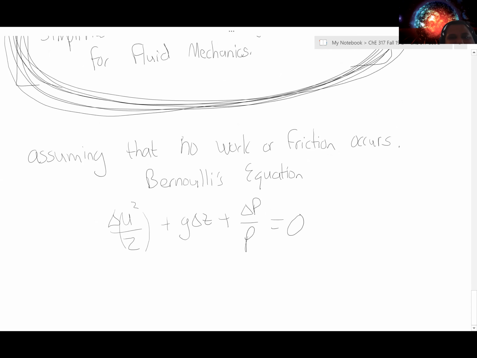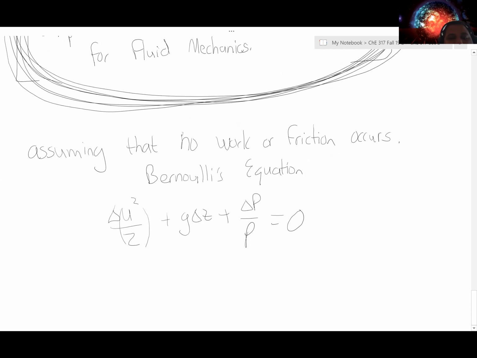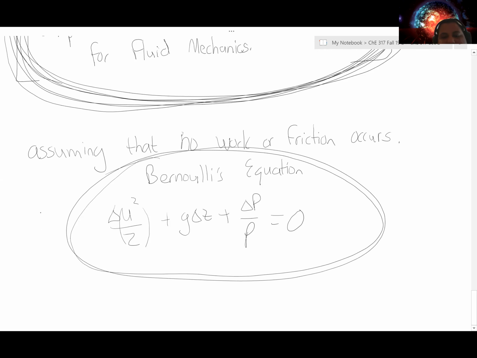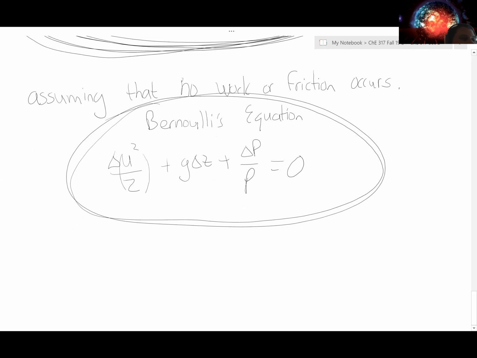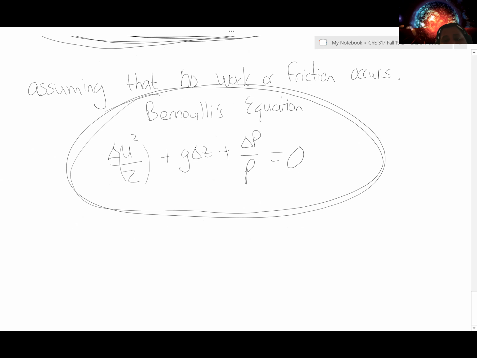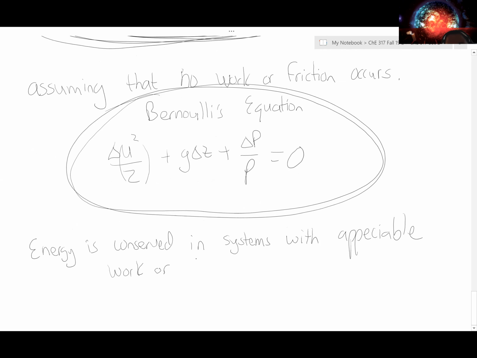The mechanical energy balance in some instances is called Bernoulli's, but this is also an important expression because what it lets us know is that energy is conserved in systems without appreciable work or friction.